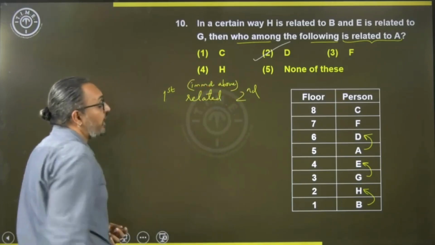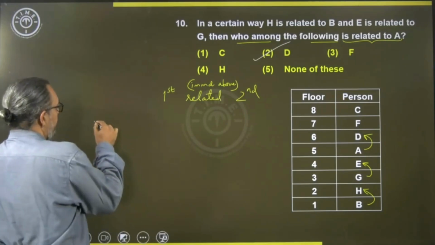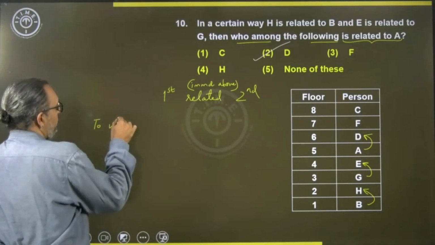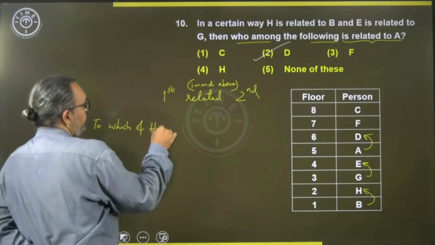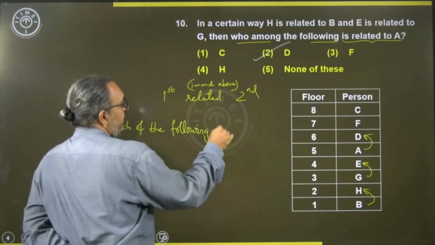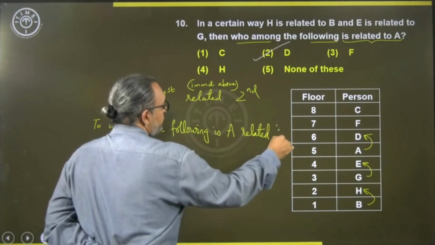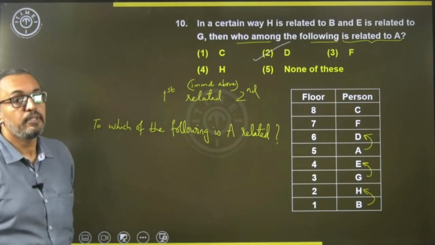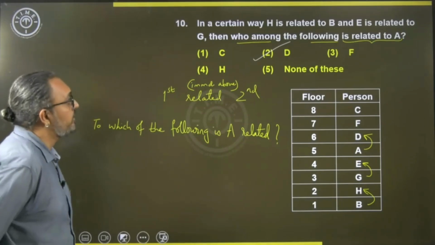Correct? So you can also have a question that says, to which of the following is A related? Can also be asked. To which of the following, okay, can A be related?